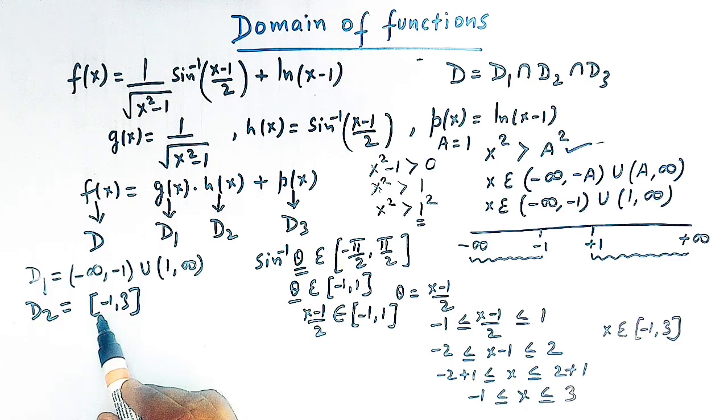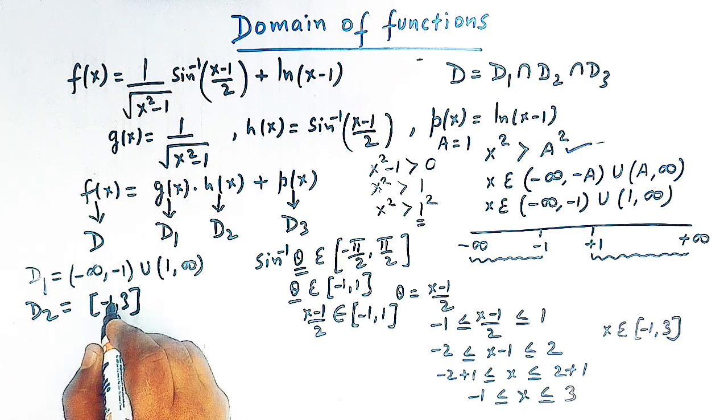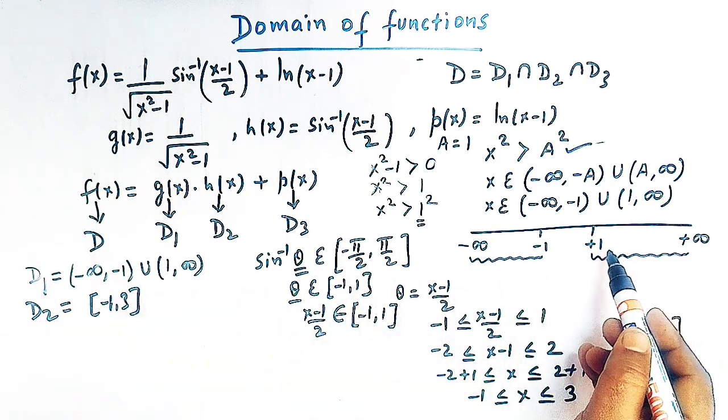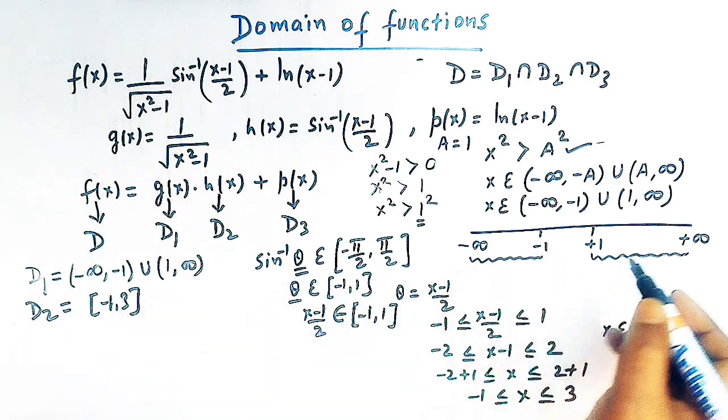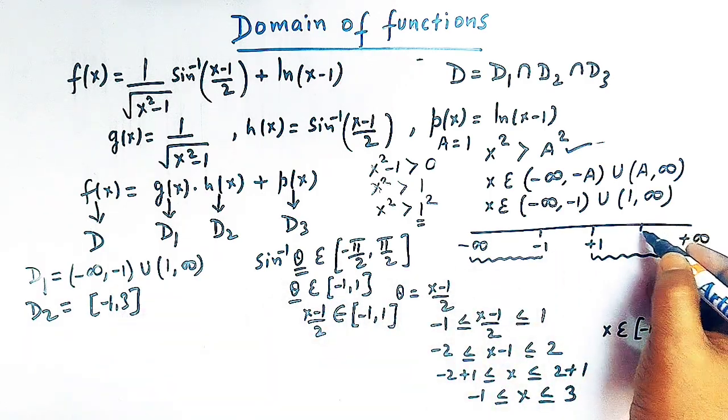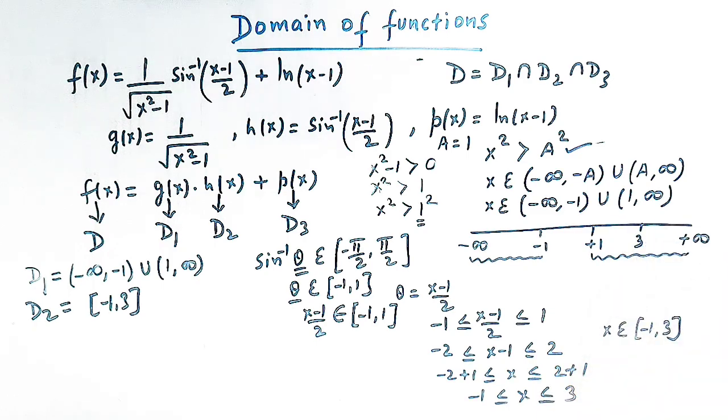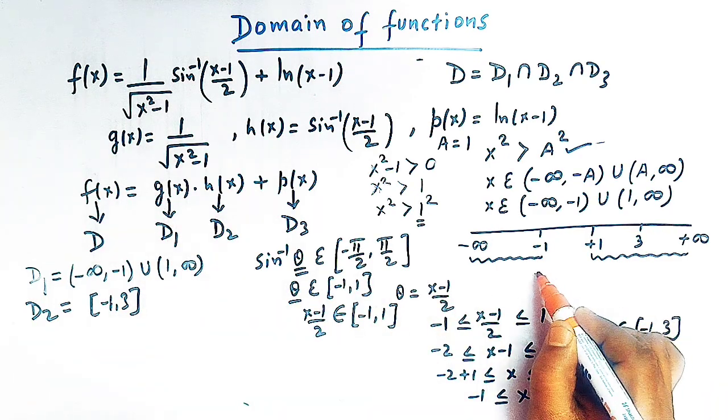And let us represent this interval on the real number line. So here we have minus 1 and here we have 3. So 3 lies somewhere here, right? Now the region from minus 1 to 3, where minus 1 and 3 both are included, can be represented like this.